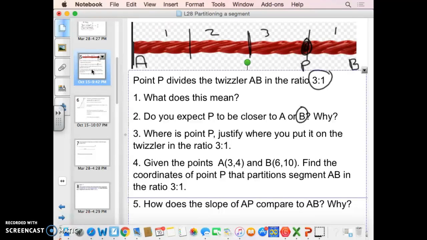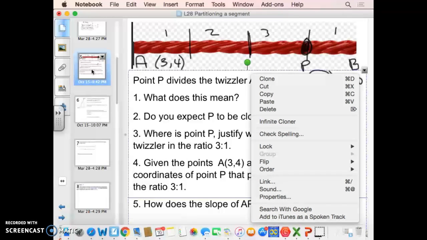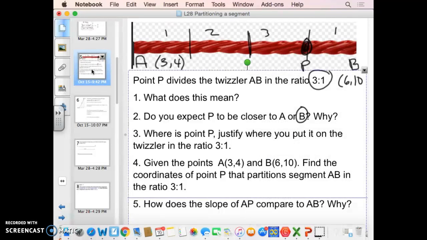Now, let's see if we can get a little tricky with this. If I know that A is at 3, 4, and B is at 6, 10, and again, notice A is the smaller number, so it was on the left. Where is point P going to be?